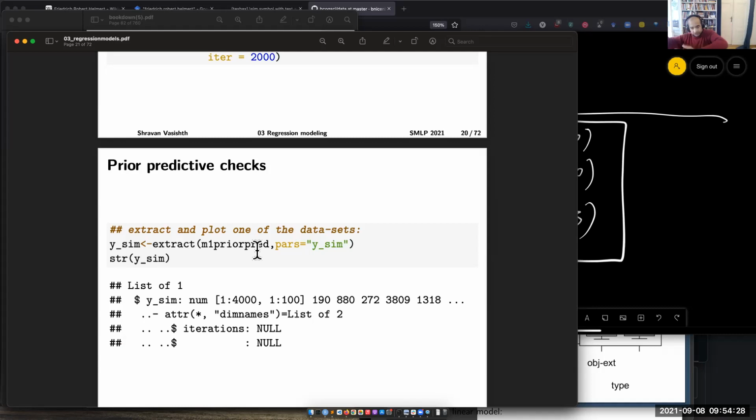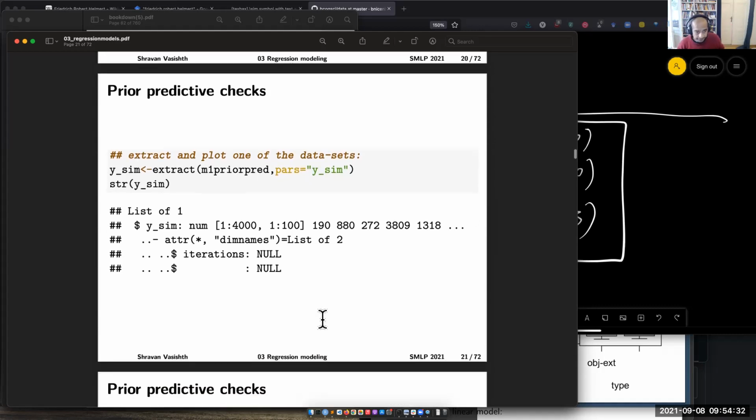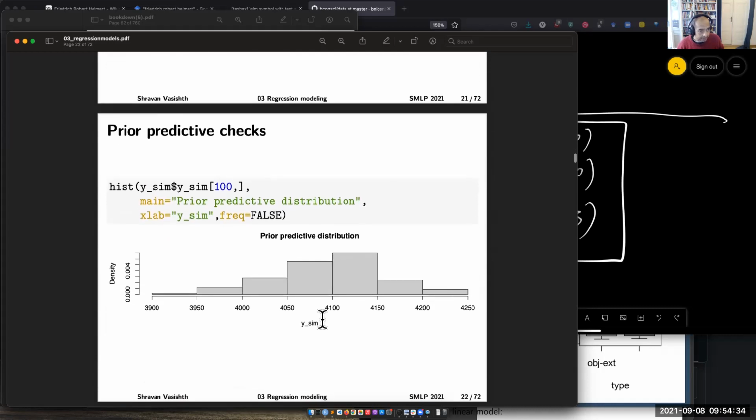So if I look at any of the columns, I will be looking at one of the generated data sets. Okay. And so I can, for example, this is the 100th simulation.